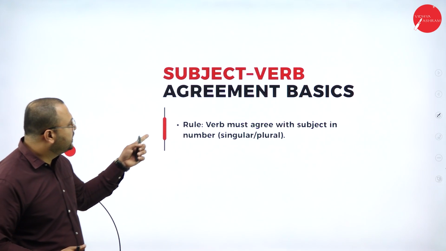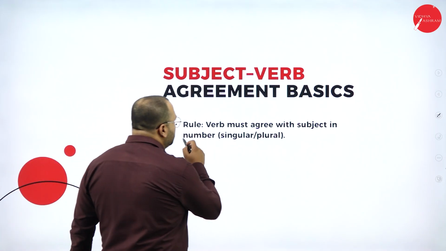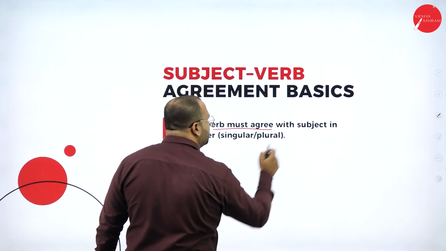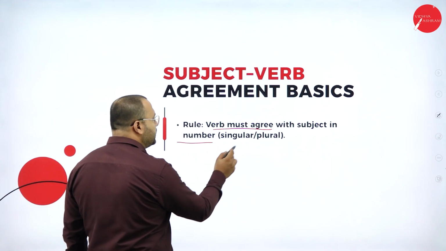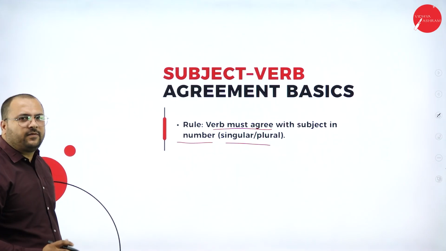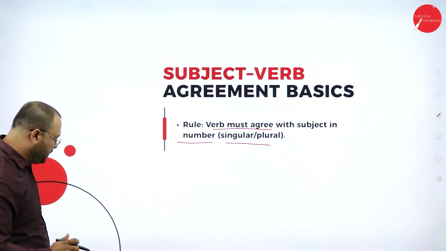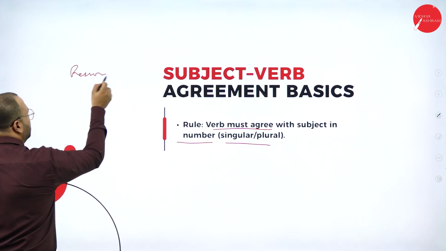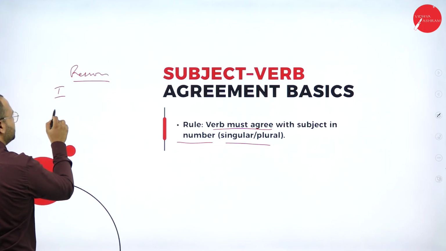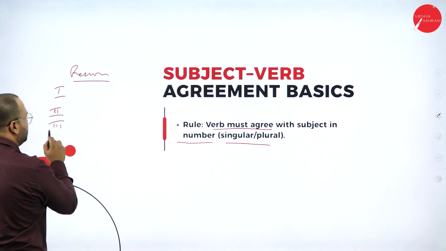Subject-verb agreement is a rule: the verb must agree with the subject in number, whether singular or plural. Before we understand this, let me tell you about the persons. In English, we have first person, second person, and third person.